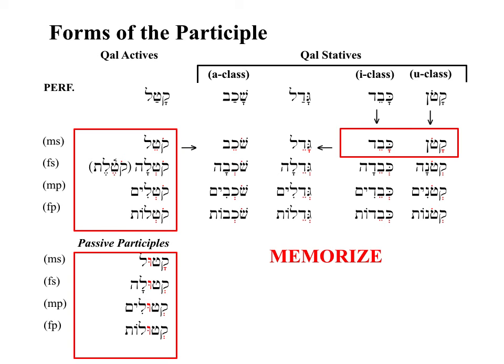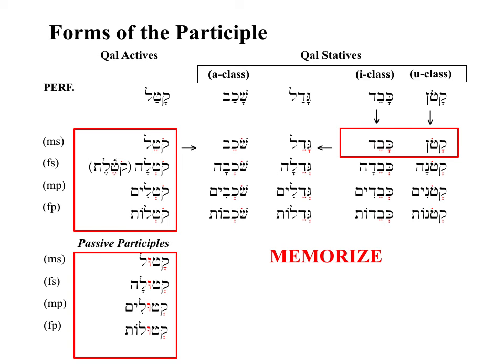So kotail, kotala, kotalim, kotalot is just the expected pattern of vowel reductions. So you might be able to get away with kotail, kotala, and kotelet, just so that you remember the form of the word, kotail, and you remember the fact that there are two alternate feminine singular forms. The rest of them are formed the way you would expect, and you'll be able to recognize them in context.